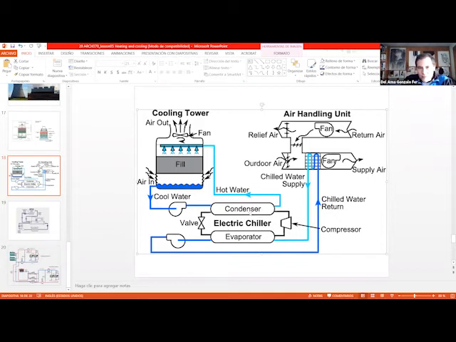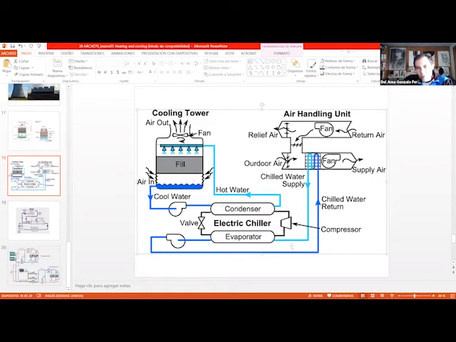From the condenser, we have this hot water, and we have to release the heat that we have in this hot water, and that's why we use the cooling tower. We release that heat here, and in this cooling tower the water cools down, so we release vapor, steam, or water vapor, and then we recirculate the cool water to the condenser again.